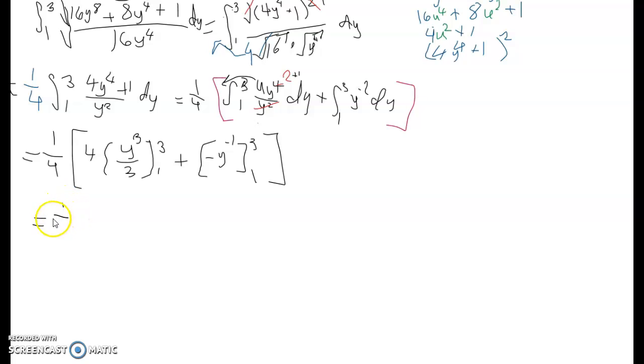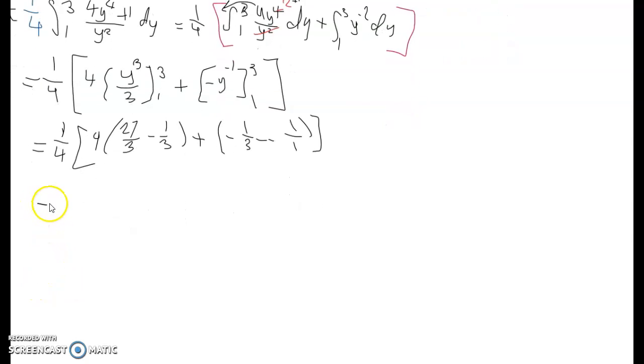It equals 1 over 4 times 27 over 3 minus 1 over 3, plus a negative 1 over 3 minus a negative 1 over 1, which would equal 1 over 4 times 26.